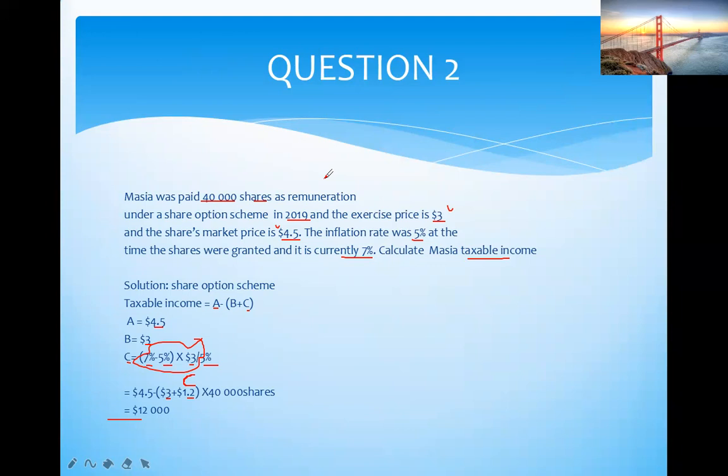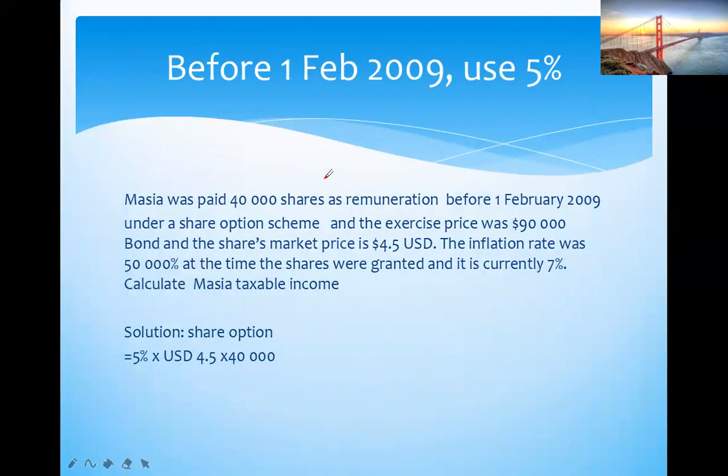But let me give you a situation whereby the shares were issued in the Zim dollar era. Let's get to the example. Marcia was paid 40,000 shares as remuneration before 1 February 2009 under a share ownership scheme, and the excess price was 90,000 in dollars.